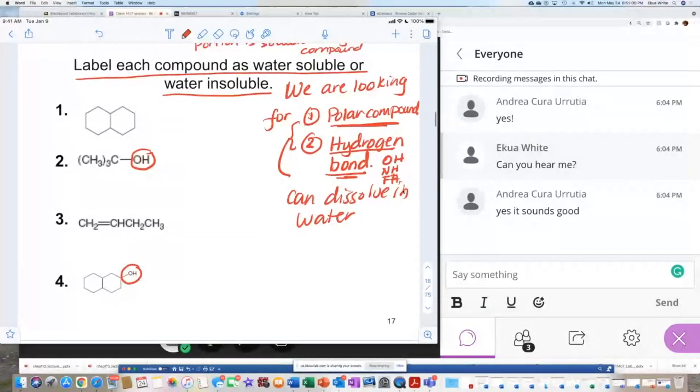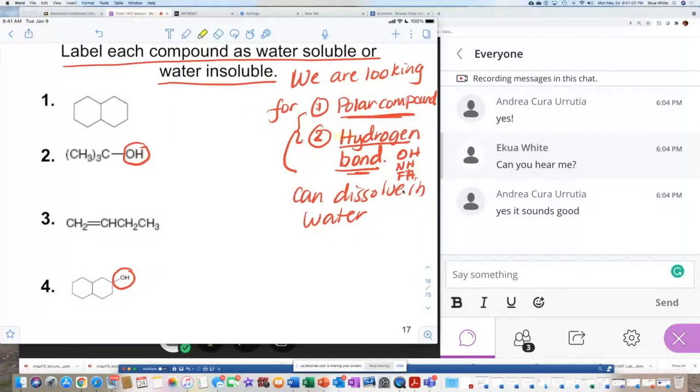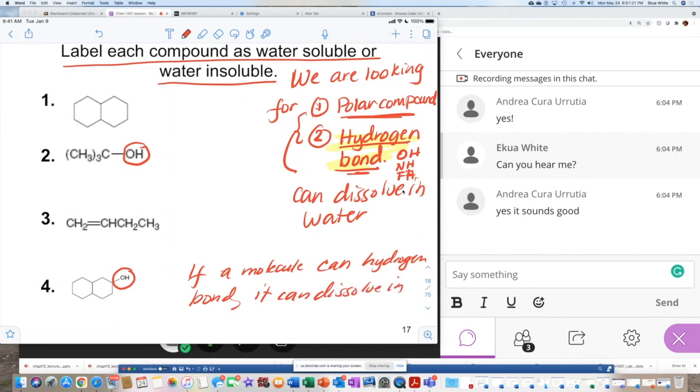So once again, if I find a molecule that can hydrogen bond, it can dissolve in water.